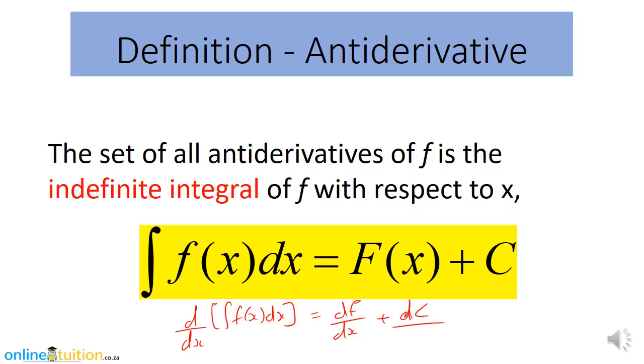But we know that is 0 anyway. So what I've just proved is that f of x is nothing more than F prime of x. So it tells me that capital F is the antiderivative of little f of x.